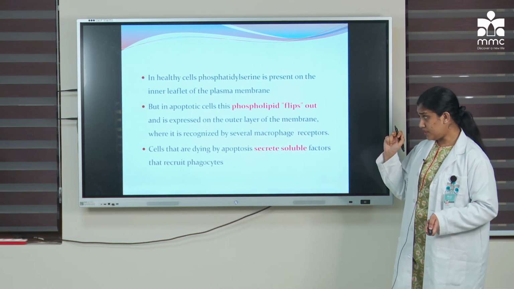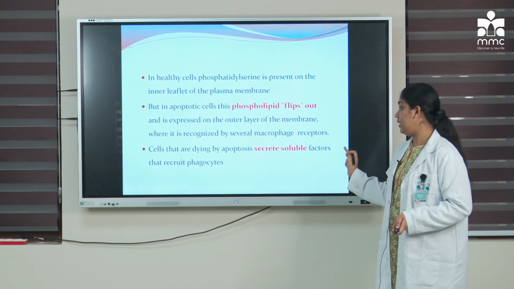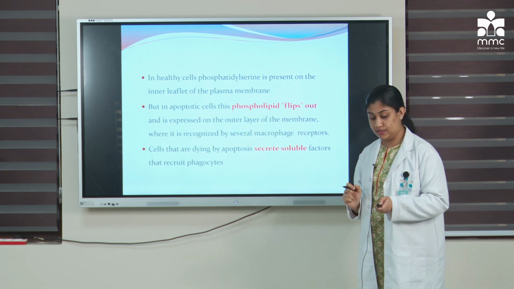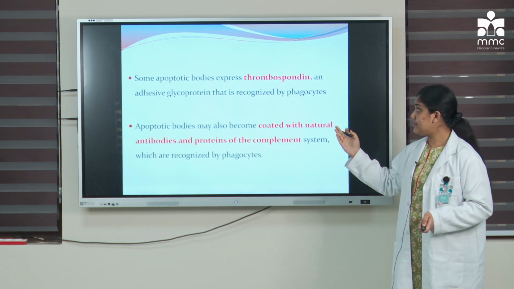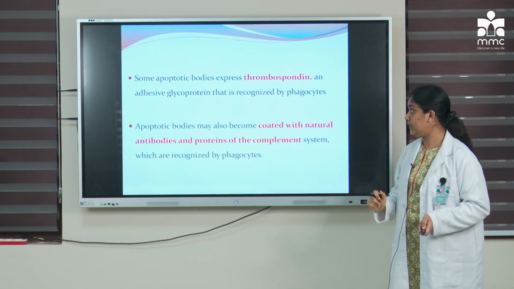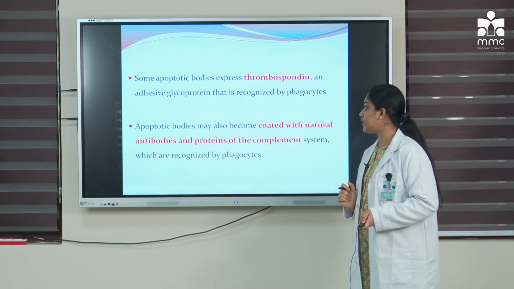The cells that are dying by apoptosis also secrete soluble factors that help to recruit the phagocytes. Some of the apoptotic bodies express thrombospondin, an adhesive glycoprotein that is recognized by the phagocytes.